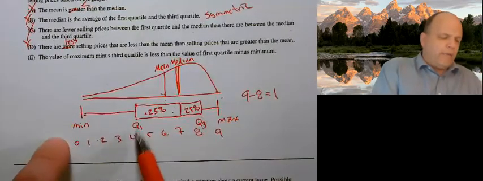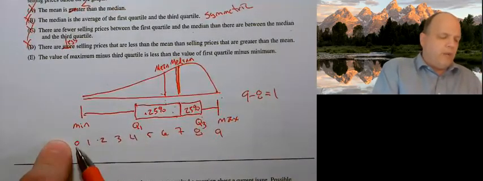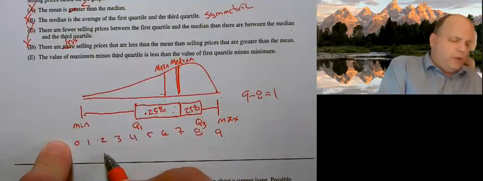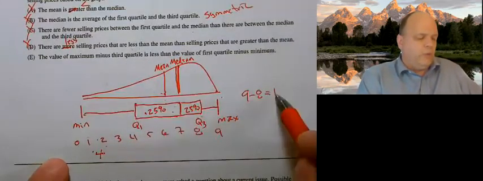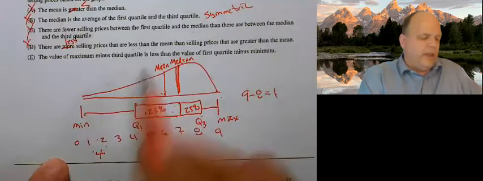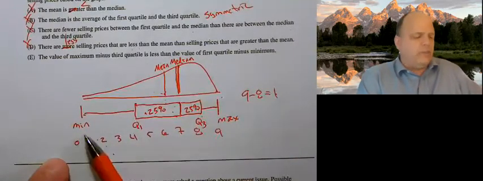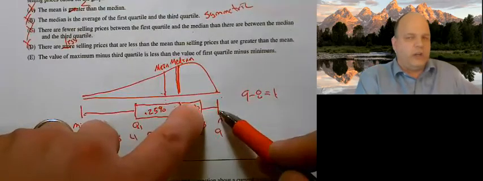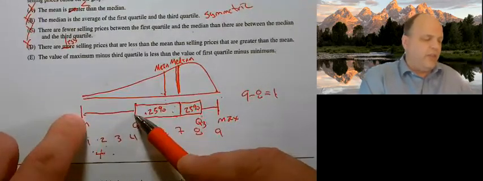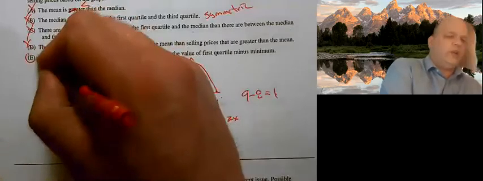Whereas from here to here, 4 minus 0, Q1 minus min, is 4. So the maximum minus the third quartile, which is 1, is less than this value. I just made up those numbers, but basically all they're saying is this distance here is less than this distance there. So 6 is E.